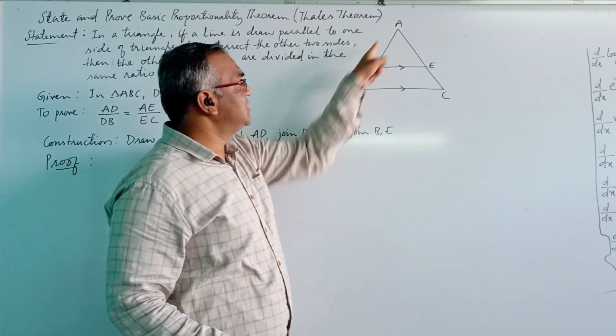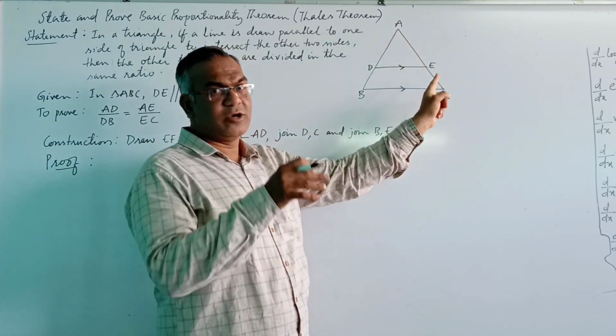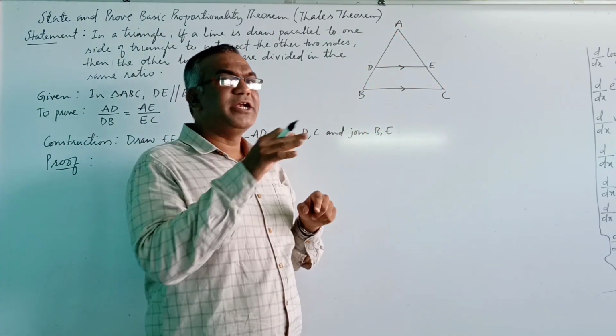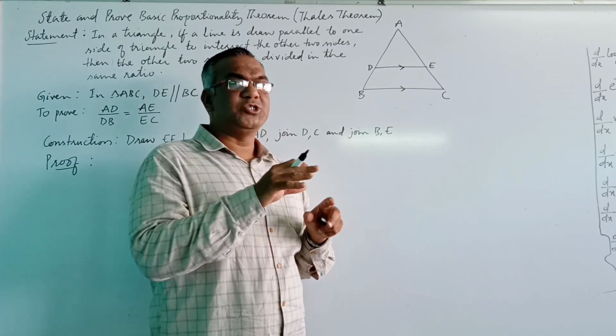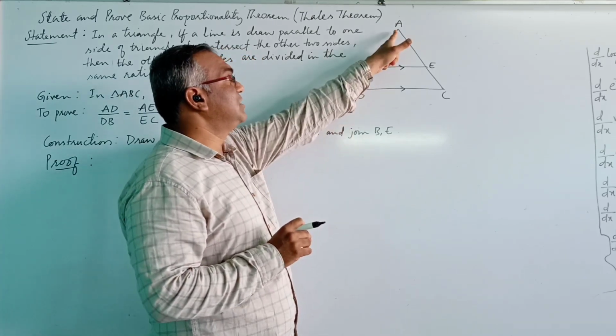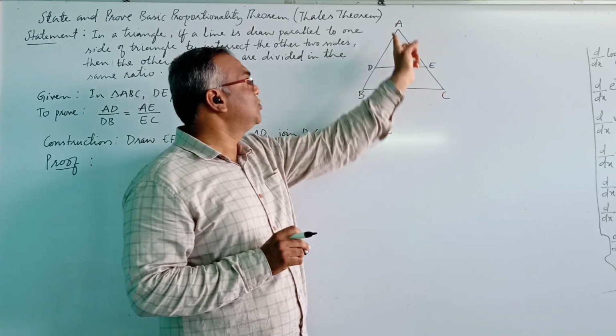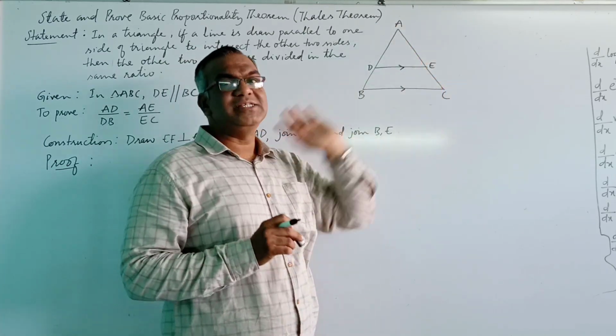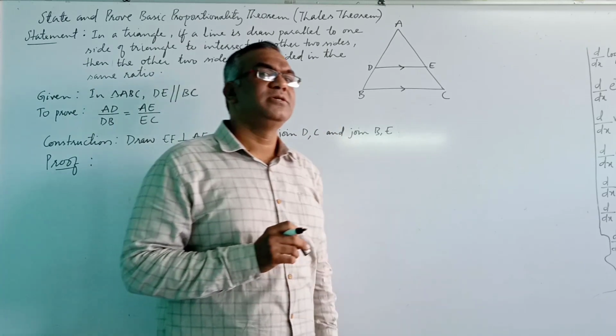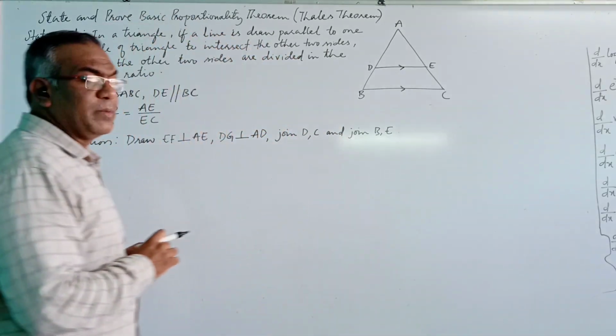It means the ratio AD divided by DB will be equal to AE divided by EC. This we have to prove, right?